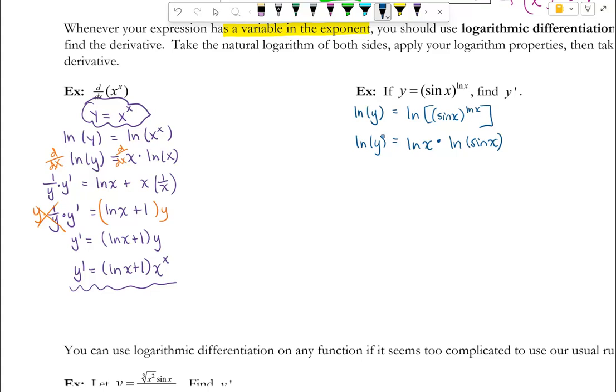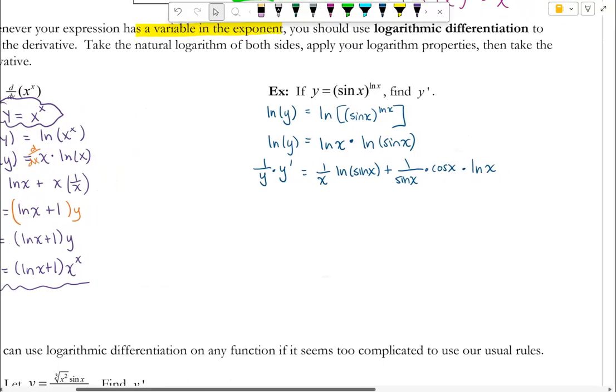So again, on the left-hand side, I'm taking the derivative with respect to x, so I get 1 over y times dy dx or y prime. On the right-hand side, I do have to use the product rule. So 1 over x times the natural log of the sine of x plus 1 over the sine of x. I need to multiply by the cosine of x as part of the chain rule times my first factor, the natural log of x.